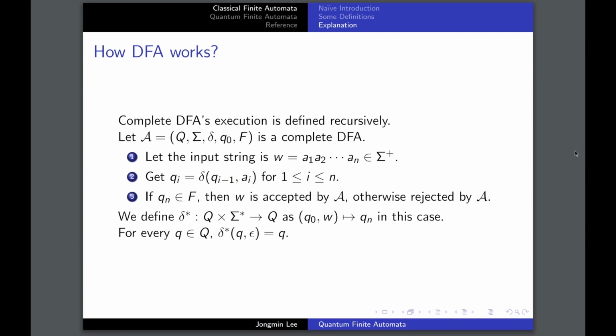Previously I said that an automaton gets an input string, and delta star shows the process of the input string to the final state directly. Just think of it easily.